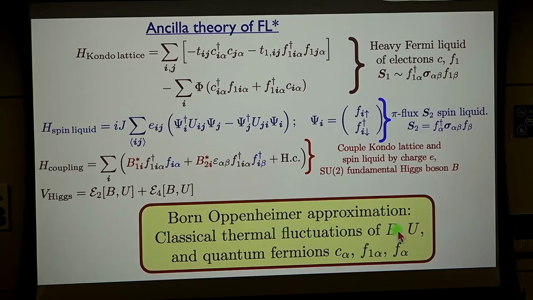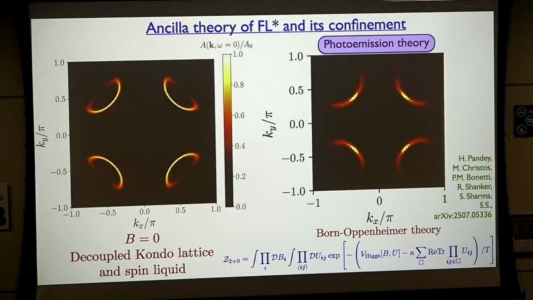And for each value of B and U, we're going to completely diagonalize this Hamiltonian. So that's what we did. Then you keep taking more and more samples and diagonalizing and getting the data I just showed you. This is the data from that simulation. You take samples from this partition function of the Higgs field and the SU(2) gauge field.